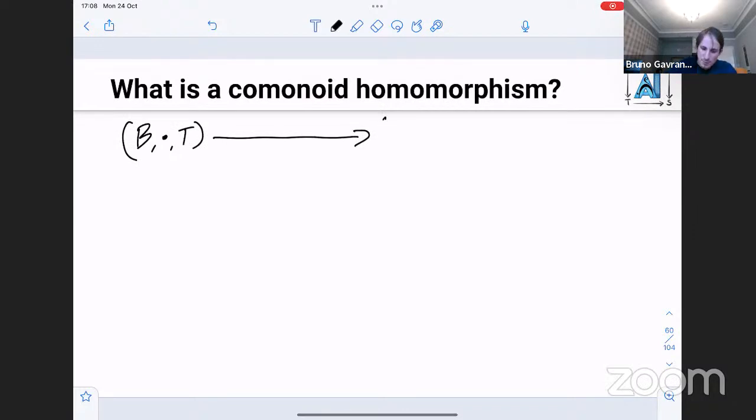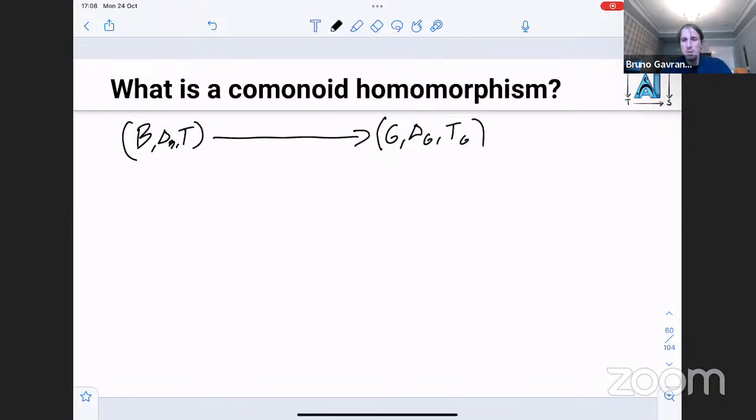So if you have a comonoid B, and a comonoid G, I'm going to subscript them so we know this is delta B, this is T_B, this is delta G, and this is T_G.